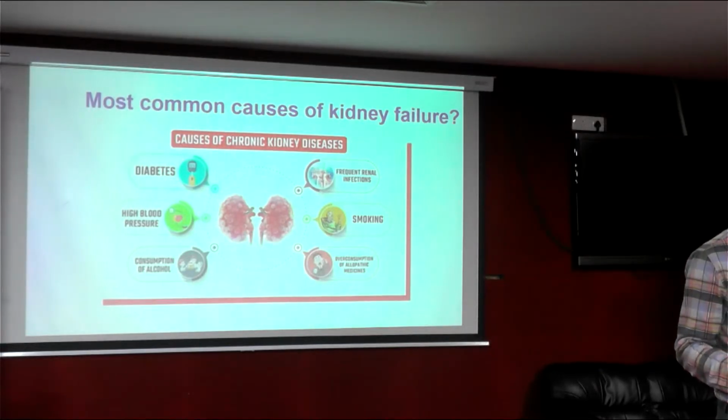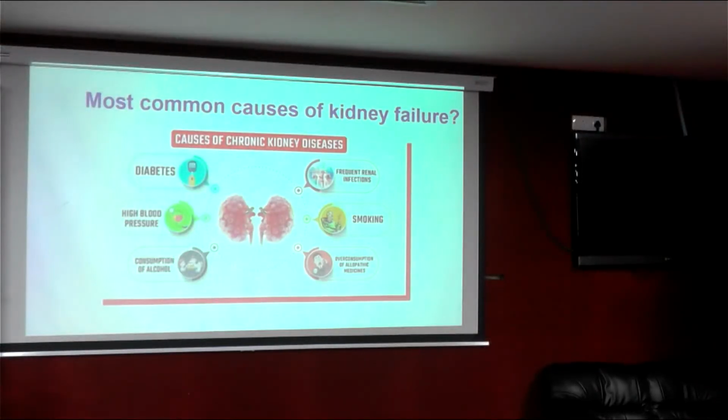It is not mandatory, but maybe there is a chance. If you have high blood pressure and diabetes, everything together, then maybe there is a chance you may have a kidney problem.